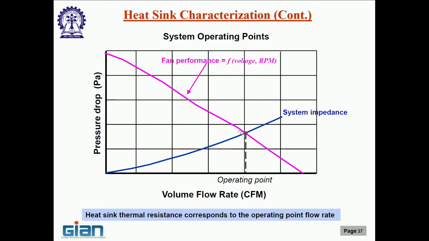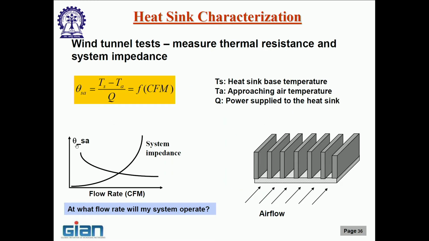So, now I know the operating point, but what is important, I want to design my heat sink. I know what is the flow, and then depending on the flow I will have a theta versus flow rate curve, which is going to be a function of CFM or the flow rate, cubic feet per minute.